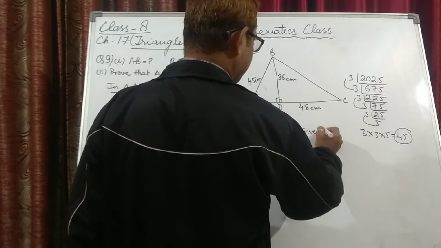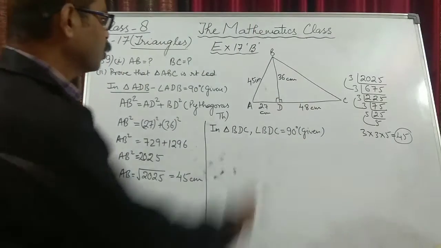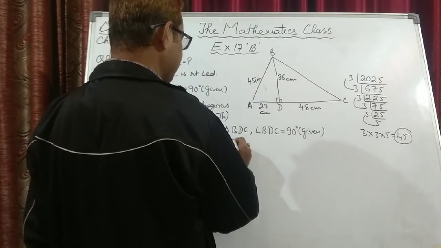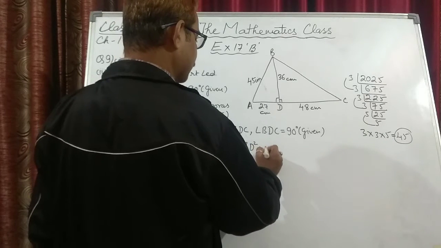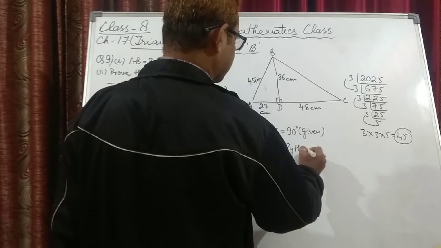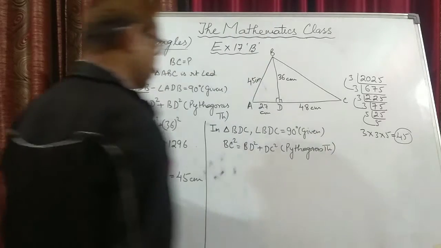Why is it given? Because we know that BD is a perpendicular dropped on AC. So BC will become the hypotenuse, and according to Pythagoras theorem, hypotenuse square is equal to the sum of squares on the other two sides.